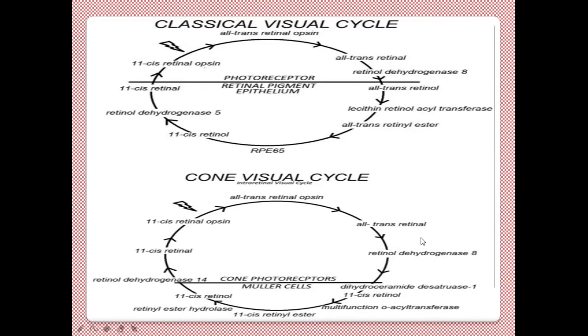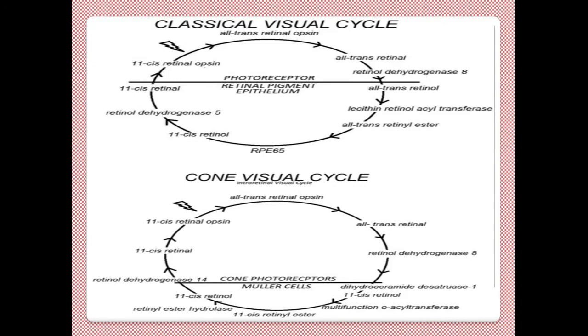Retinol dehydrogenase converts it into all-trans retinol, and the enzyme dihydroceramide desaturase 1 forms 11-cis retinol, the alcohol form. Multifunctional O-acyltransferase converts this 11-cis retinol into 11-cis retinyl ester. Then retinyl ester hydrolase converts the ester form back into the alcohol form.